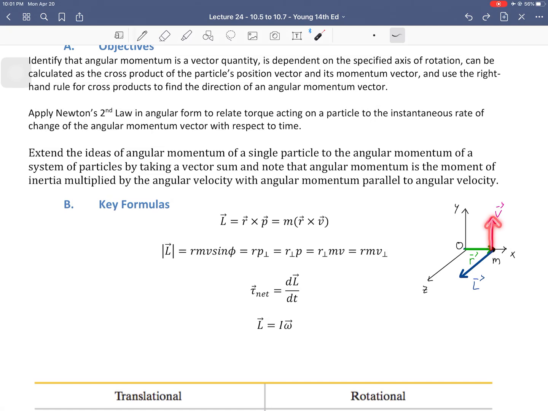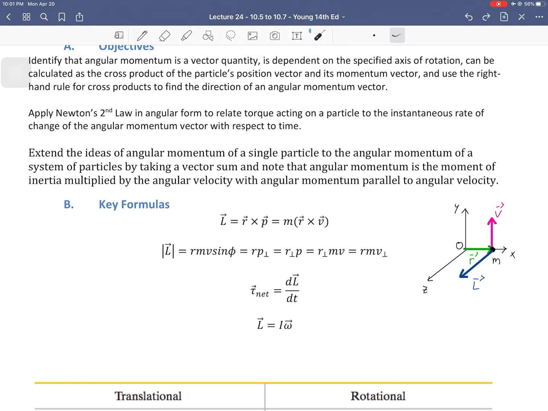Then we have the translational velocity vector. The translational velocity vector would be parallel to p because translational momentum is just mv, m is just a scalar, so your p vector is going to point in the same direction as your velocity vector, and it's just going to be longer, or shorter, I suppose, if m is less than 1.